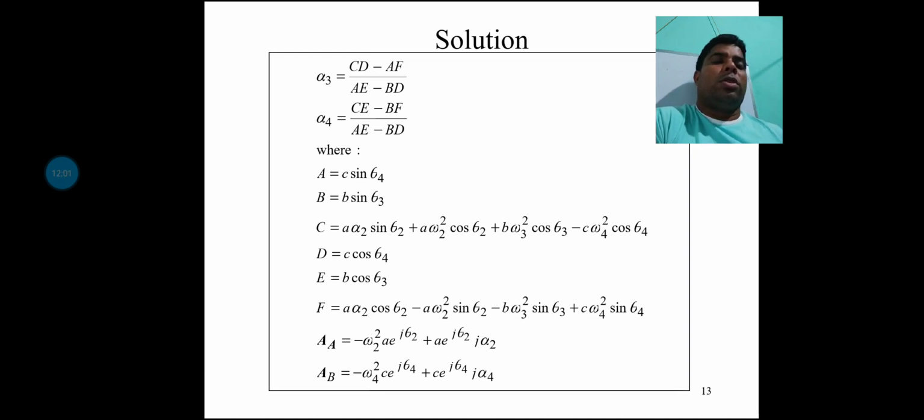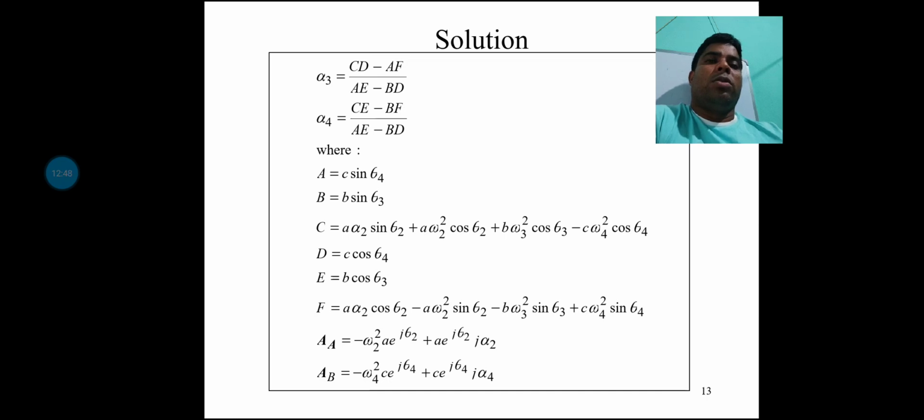So now for the equation, f is equal to a alpha 2 cos sigma 2 minus a omega 2 square sine sigma 2, and if I put all the values in a systematic way, we can get the equation a is equal to minus omega 2 square a e to the power i sigma 2 plus a e to the power i sigma 2 alpha 2.